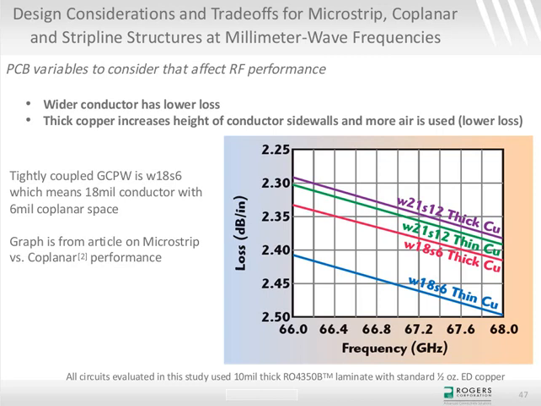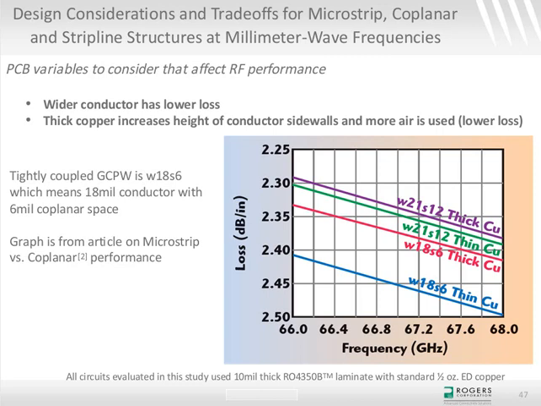And what happened is kind of what you would think intuitively, and that is the circuits with the wider conductor are going to have lower conductor losses and lower loss, which it does. And then also the circuits with taller, thicker copper, the sidewalls between the ground signal ground on the coplanar layer are now taller, so you have better use of the air, so to speak. And now you have more fields in the air.